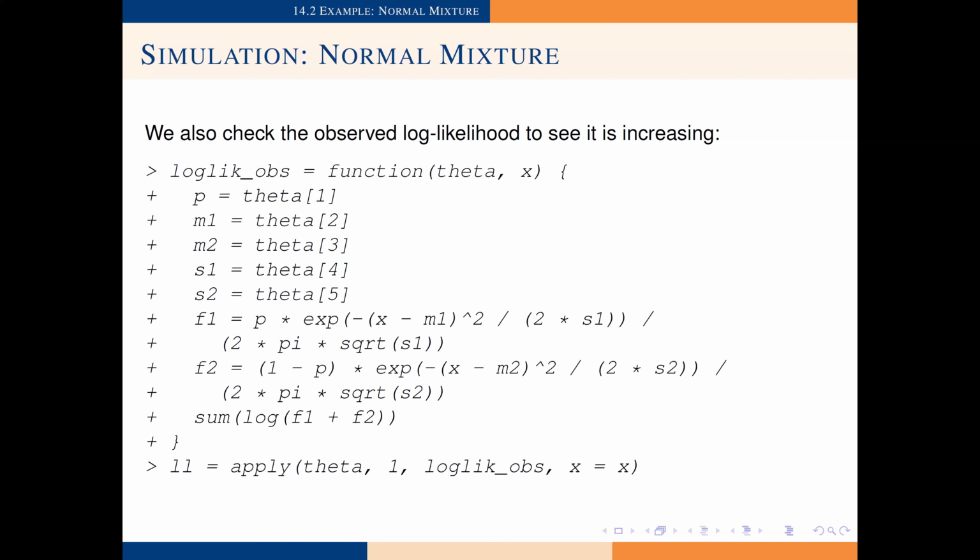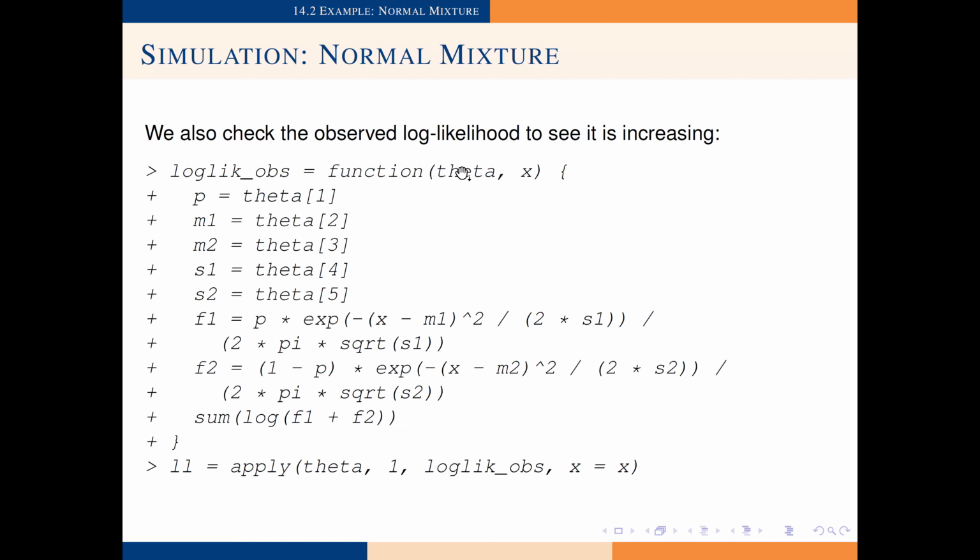So in each iteration, what you can do is to take the current P old, the current mu old, sigma square olds, and then compute the weighted density, which is given by log of F1 plus F2. It doesn't have the weights because we already multiplied by the current P when we got F1 and F2.